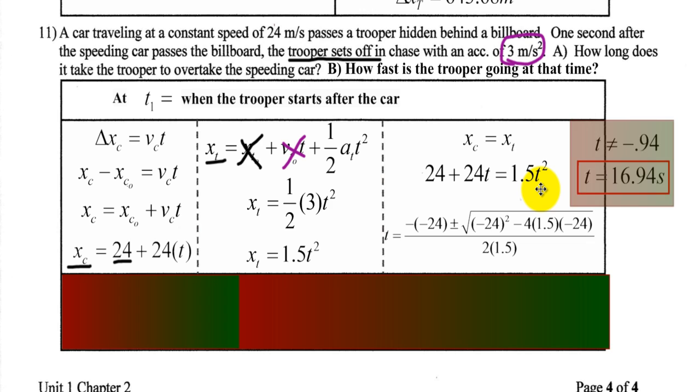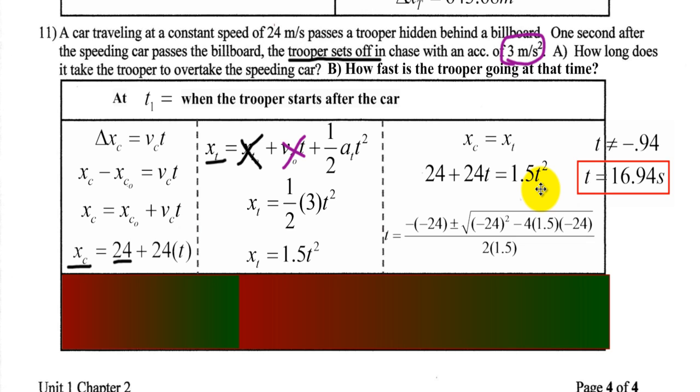So punching that in, you get two different times. You will get a negative time. Well, you can't go back in time. Therefore, the time it takes for the trooper to catch up to the car is the 16.94 seconds. And then the last part, part B, how fast is the trooper going?